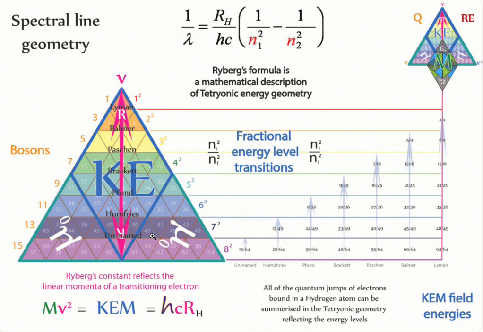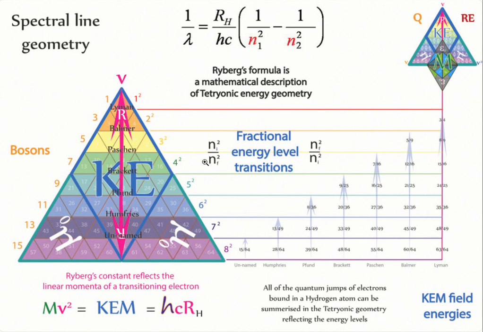In fact, we can use this geometry to create a visual, easy to solve mathematic or geometric relationship rather than the poorly understood mathematical formulation for the same thing, where we calculate in terms of wave numbers instead of wavelengths. We can obviously quickly see the wavelengths that change as we increase the quanta between the energy transitions.